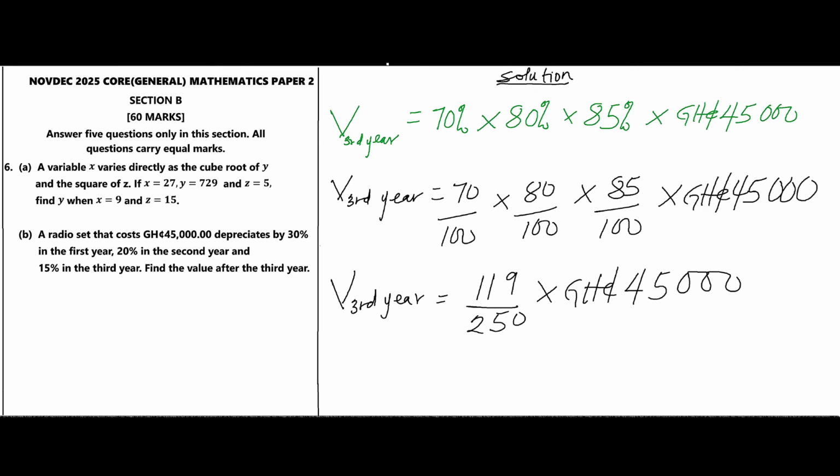So finally, we have the value after the third year is 21,420 Ghana cedis. So this is for question 6B.